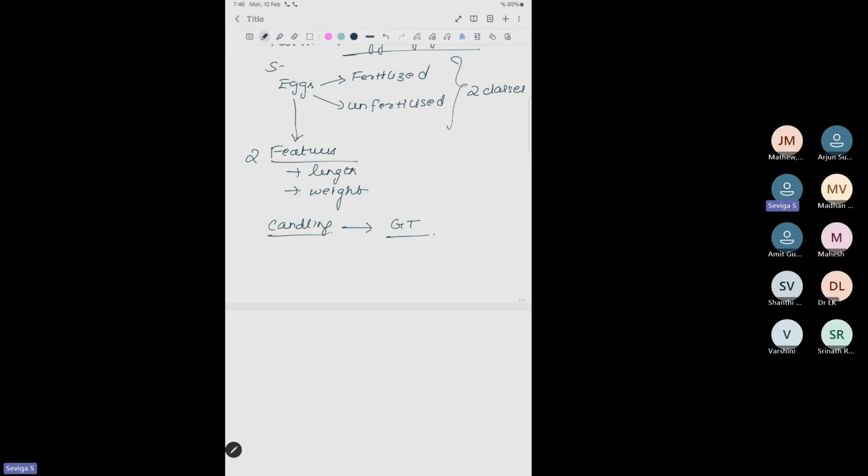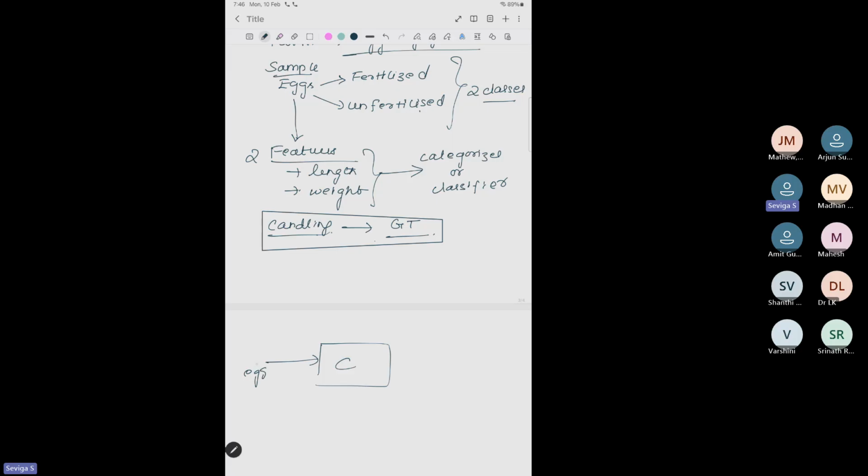Here our sample is an egg and the classes are fertilized and unfertilized, and we use a categorizer or a classifier to classify an egg sample based on these features into the two classes. The ground truth is given by the candling method. Our categorizer should do the job of candling, saying whether it is a fertilized egg or a non-fertilized egg based on the input features. So we have a classifier.